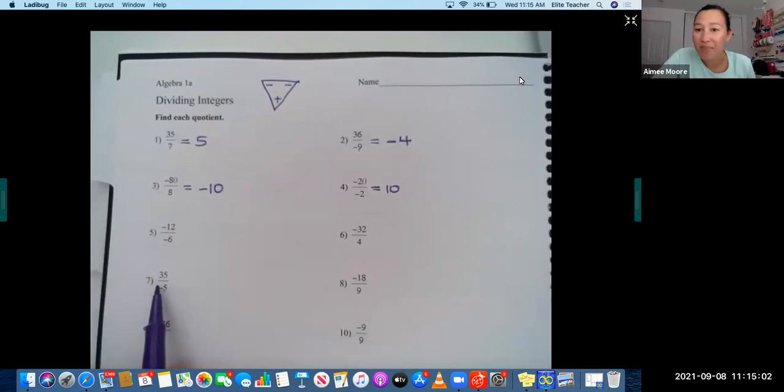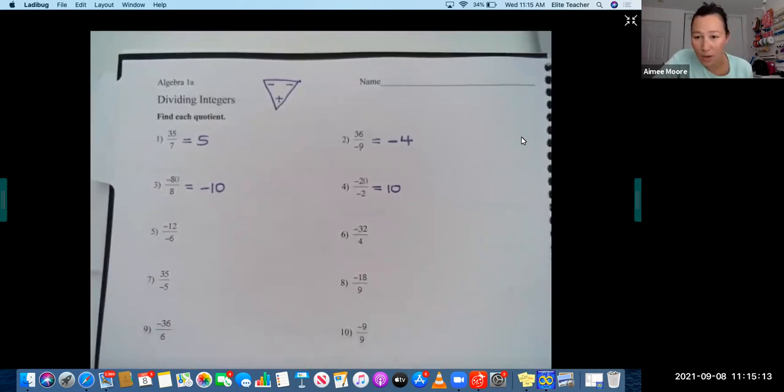So then Aviana, can you do 7 and 8? And then Briar Rose, can you do 9 and 10? Christopher, 11 and 12. Oh, we have 2 Christophers. Christopher Castro, 11 and 12. Christopher Gallegos, 13 and 14. Clifton, 15 and 16.